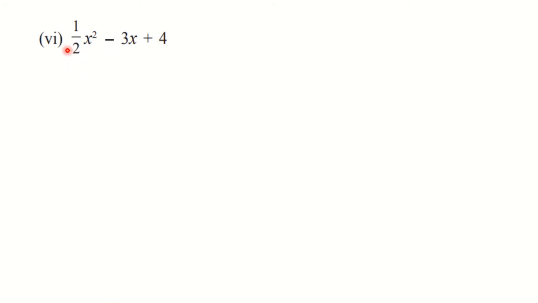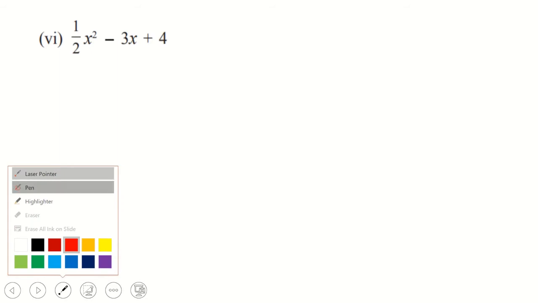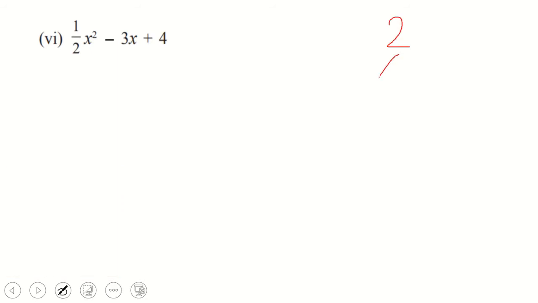Here, half into 4, somebody will do half into 4 is 2. You can write it as 2 here, and then that 2 you have to factorize by seeing the middle term. You can see that the middle term is minus 3. So you can write down the factors as 2 and 1, because 2 ones are 2 and 2 plus 1 is 3.